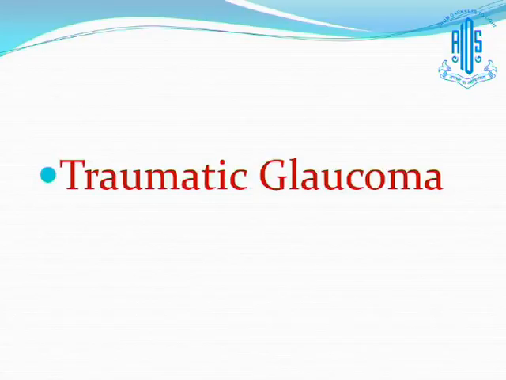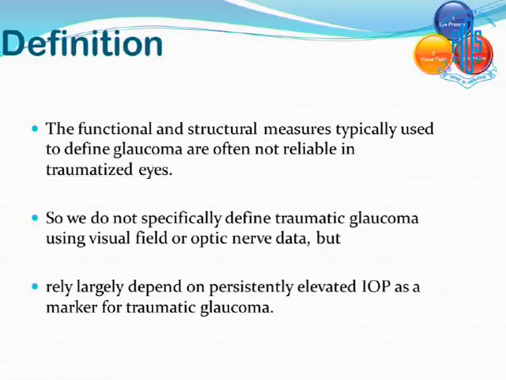We again come to another very important aspect of the trauma, that is basically traumatic glaucoma. Well, something about the definition of traumatic glaucoma. The fundamental structural and measures typically used to define glaucoma are often not reliable in a traumatized eye. So, the old principle of eye pressure, visual field, and the optic nerve, you cannot apply it in the case of trauma.